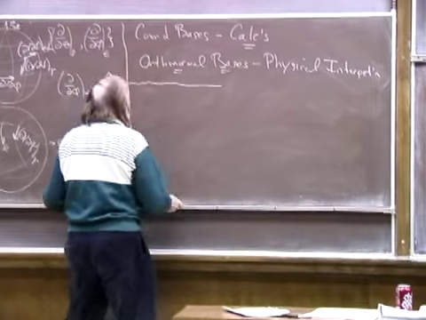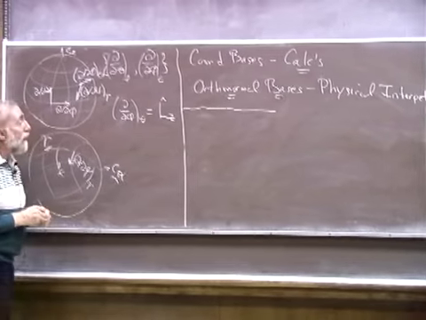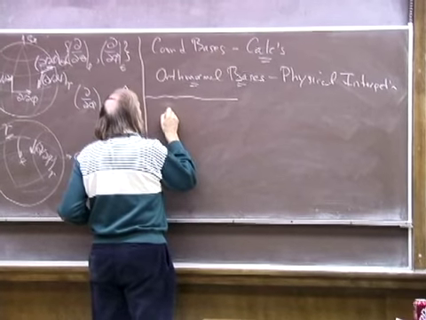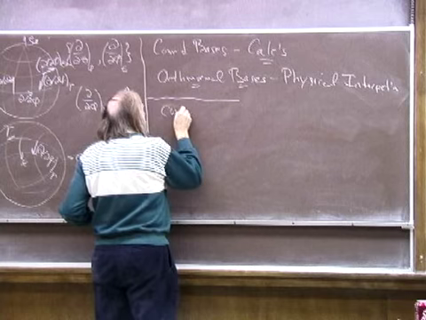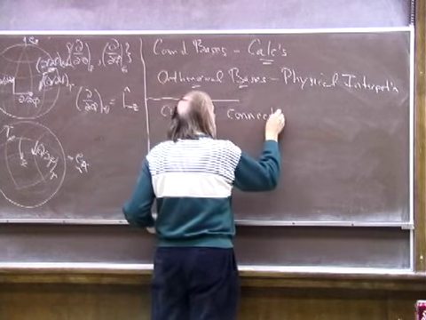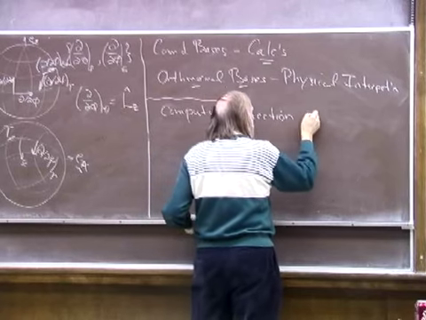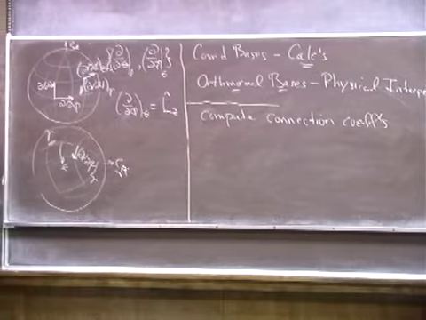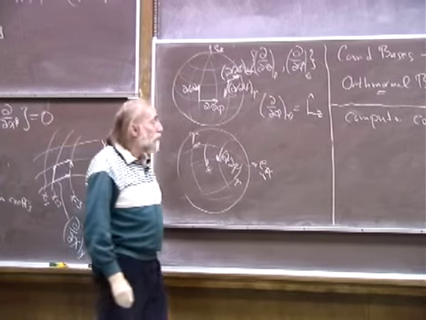Now, another issue that you have read about is how you compute the connection coefficients from the metric and the commutation coefficients.